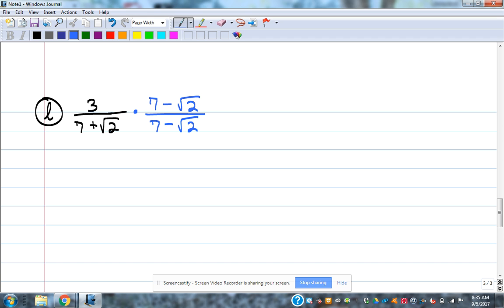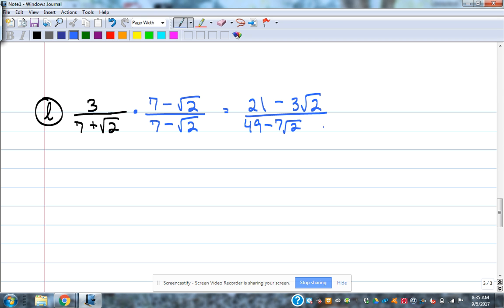And then you're multiplying. Distributive property on top, 3 times 7, 21, minus 3 radical 2. And on the bottom, it's distributive property twice. 7 times 7 is 49. 7 times negative square root of 2 would be negative 7 square root of 2.